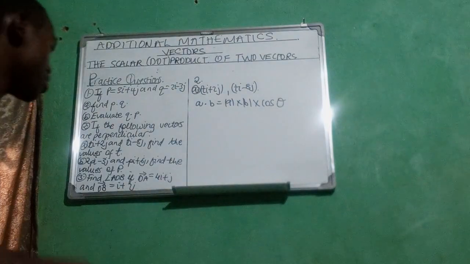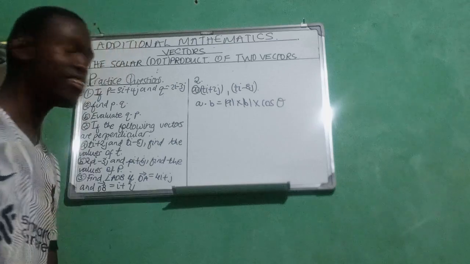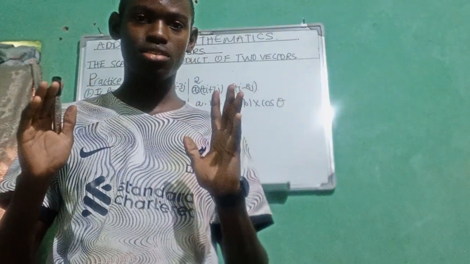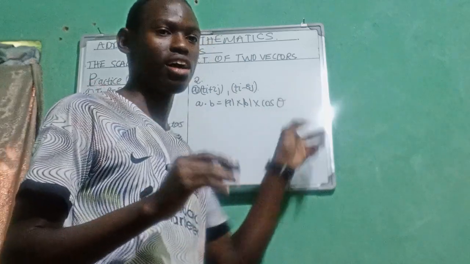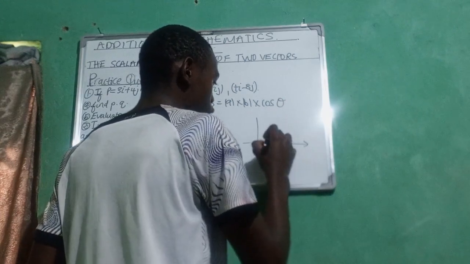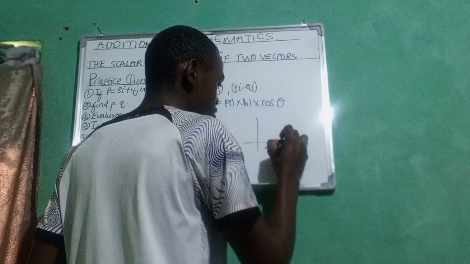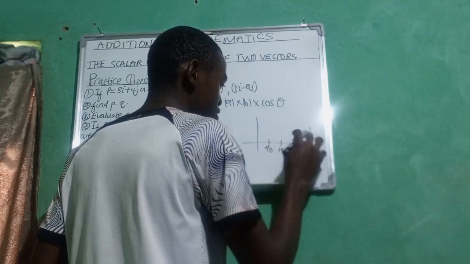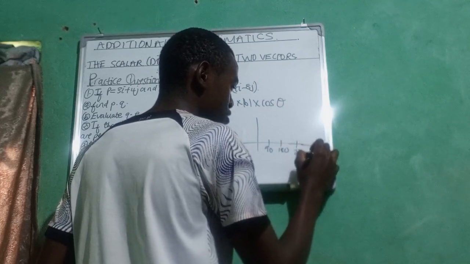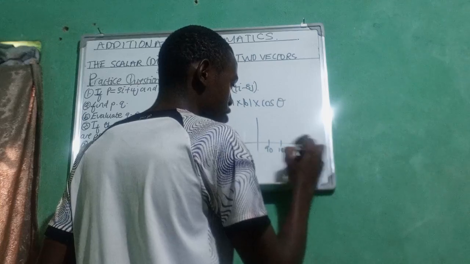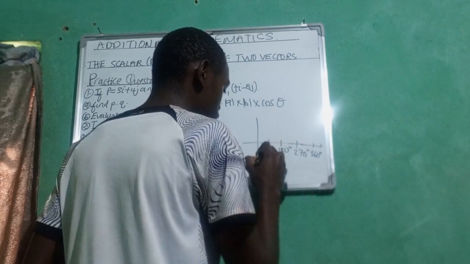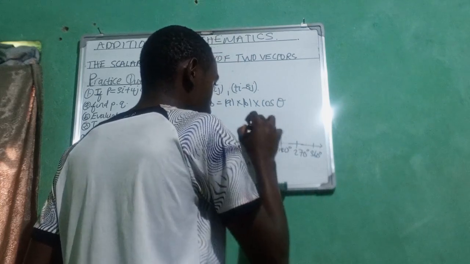Now here we need to be very careful to take note that they are saying these vectors are perpendicular. Since we are saying cos theta, if we have the x-y plane to show the full wave of cosine theta, this is 90 degrees, this is 180 degrees, this is 270 degrees, and this is 360 degrees. And then it goes to -1, it goes to +1.